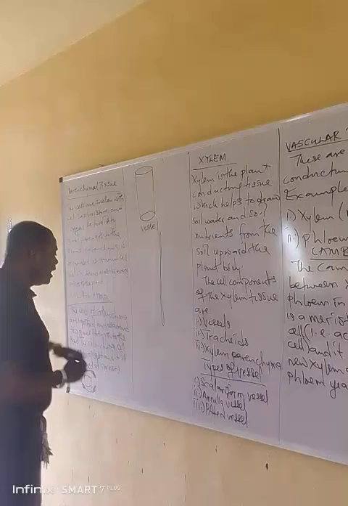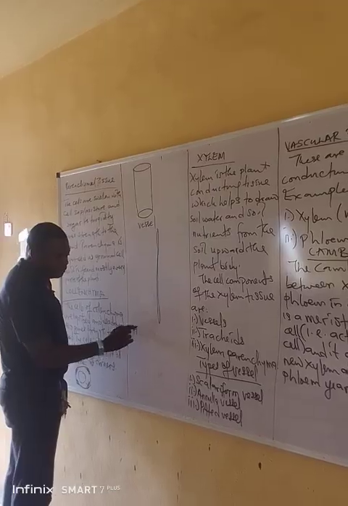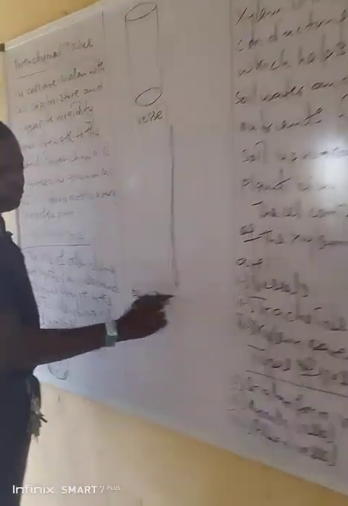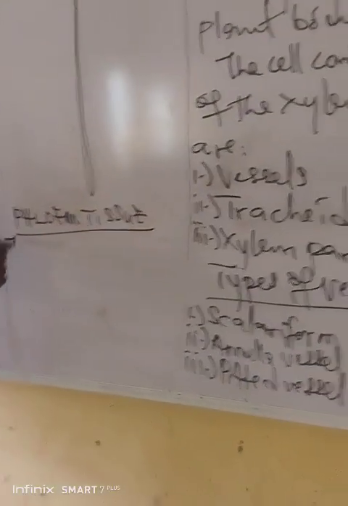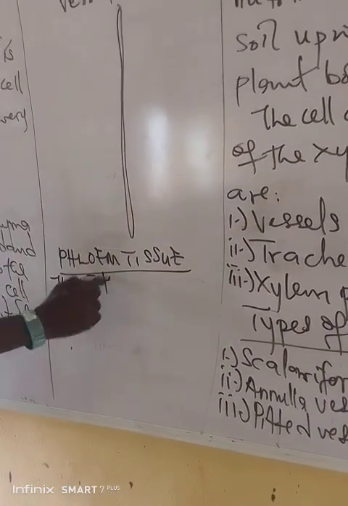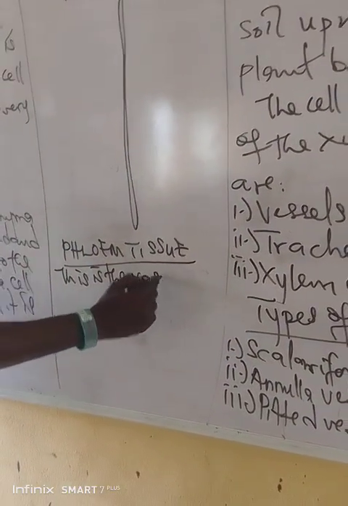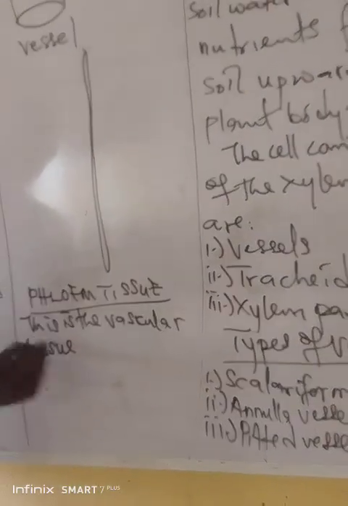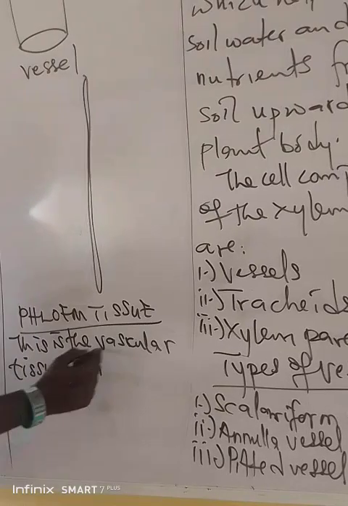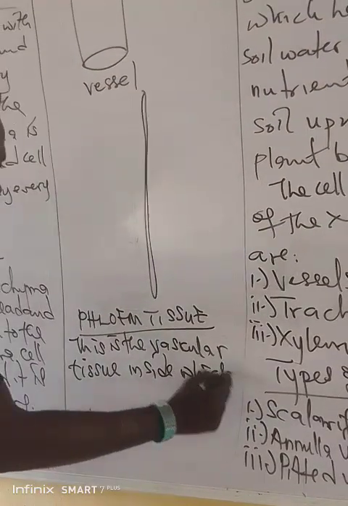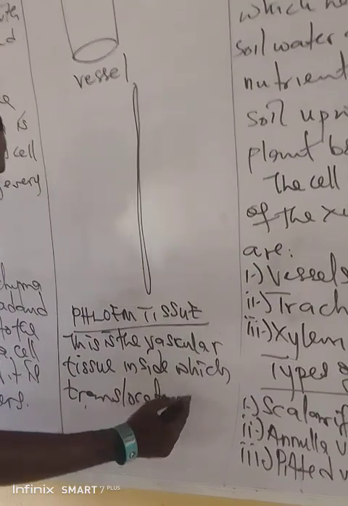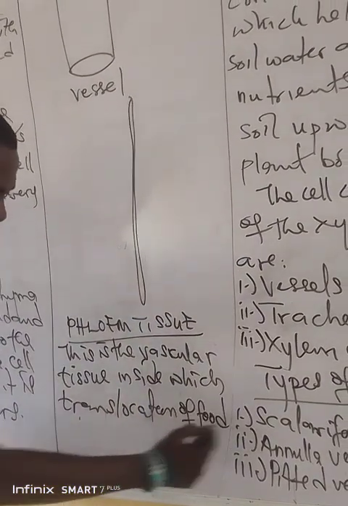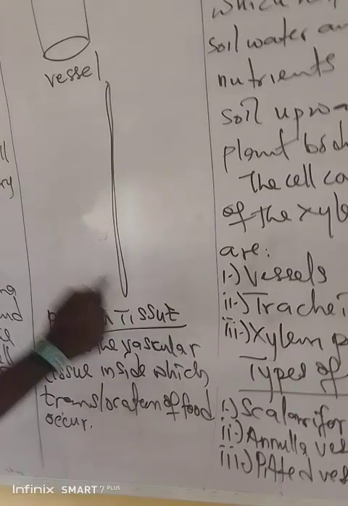So let's talk about phloem now. Phloem tissue is the vascular tissue inside which translocation of food occurs. What is translocation?